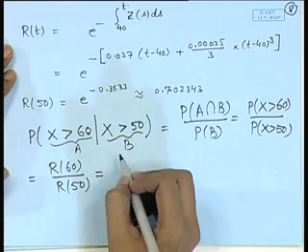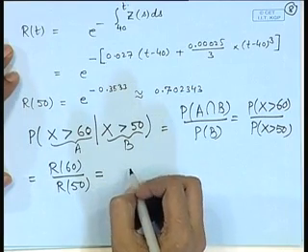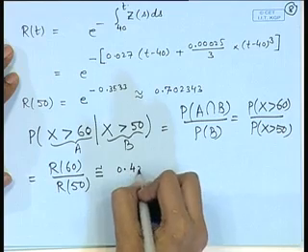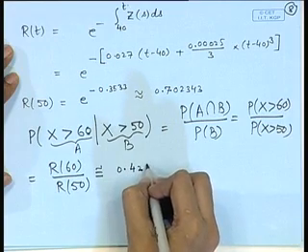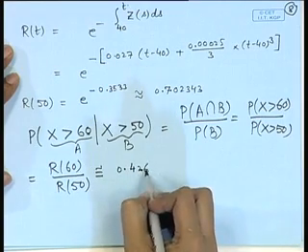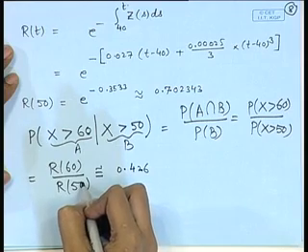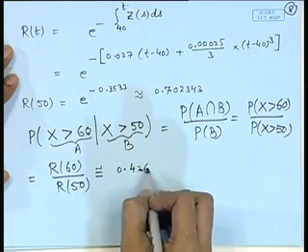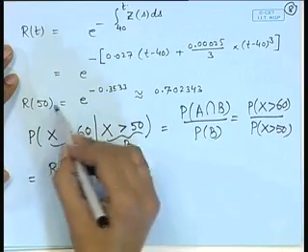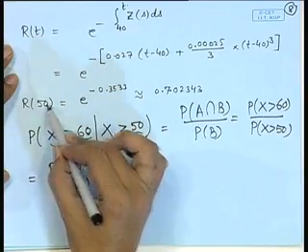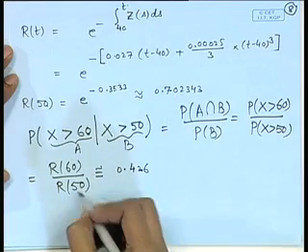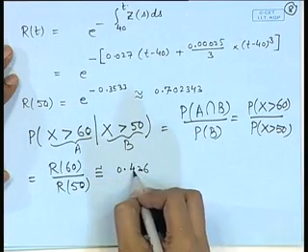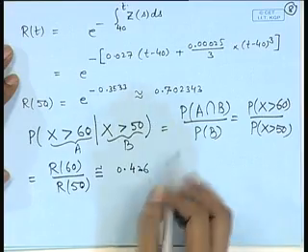After some simple evaluation this turns out to be 0.426, which means that if he has survived till age 50, then the probability of his surviving till age 60 is 0.4. If you see here, the probability of surviving till age 50 is 0.7, but if he has survived till 50, then the probability of surviving till 60 is 0.42.